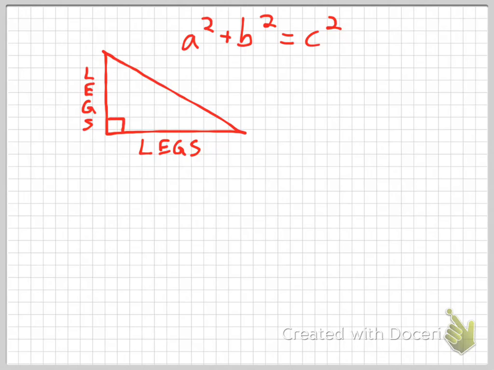The side that is opposite the 90-degree angle is called the hypotenuse. Everybody say hypotenuse. Again, hypotenuse. It's not hippopotamus, it's hypotenuse. Say it again, everybody, hypotenuse. You get used to that word. The hypotenuse is the side that is not part of the right angle.